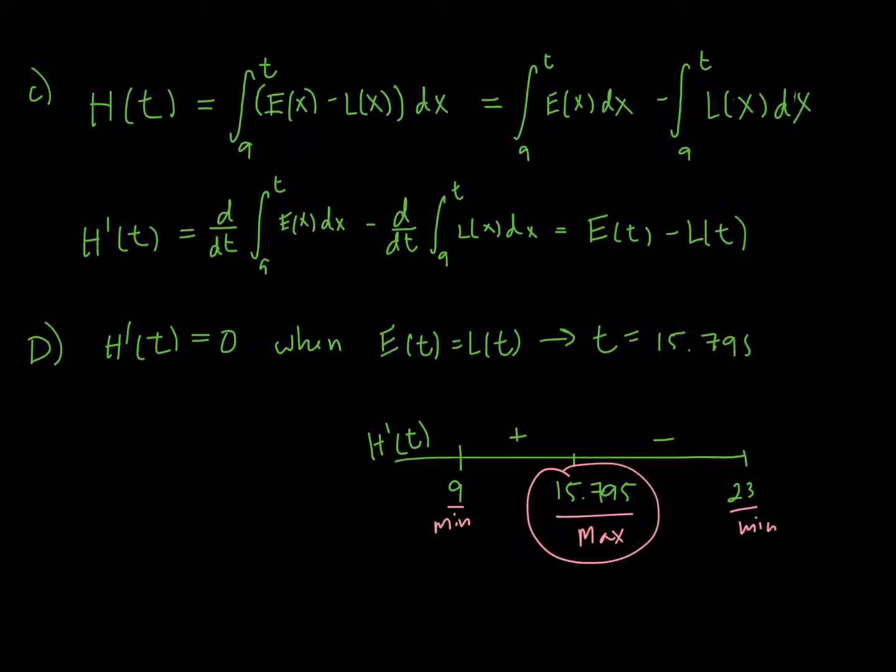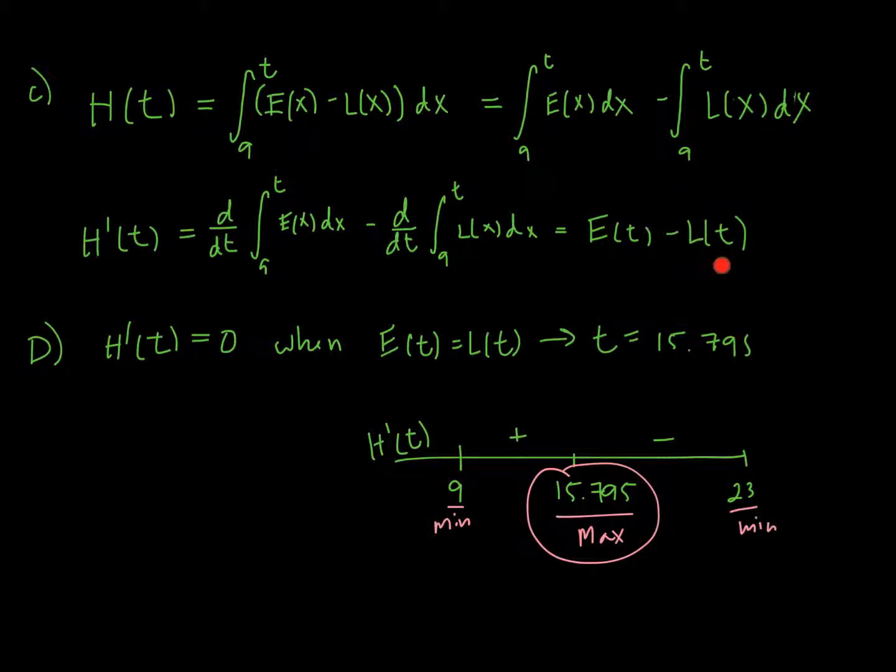And using the fundamental theorem of calculus, I simply have e of t minus L of t. So h prime is simply the rate at which people are entering minus the rate at which people are leaving. This can be interpreted as the rate at which the number of people in the park is changing. It could be increasing if e of t is bigger than L of t, and decreasing if L of t is bigger than e of t.